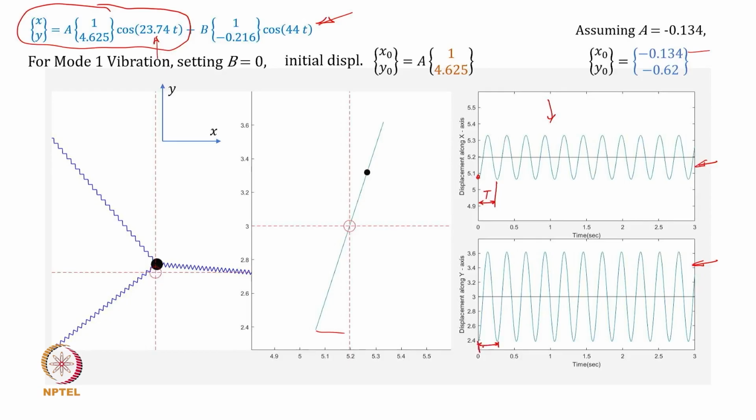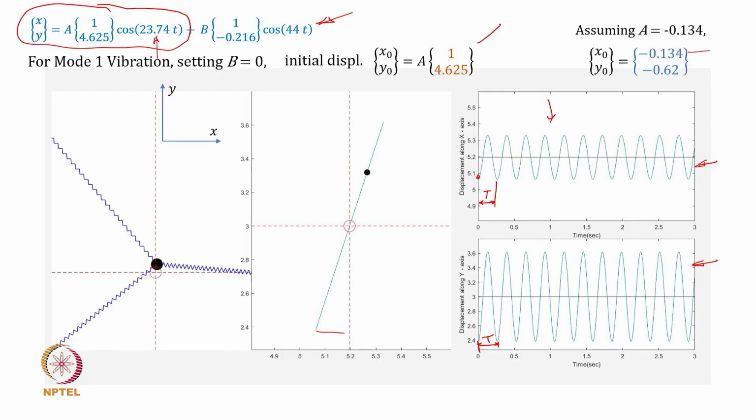Okay, so both x and y are executing with the same frequency, and both of them are completing the same number of cycles in a given period of time. So this is how, if it vibrates in mode 1, it vibrates harmonically and there is no contribution from other frequencies, a pure single frequency vibratory motion.